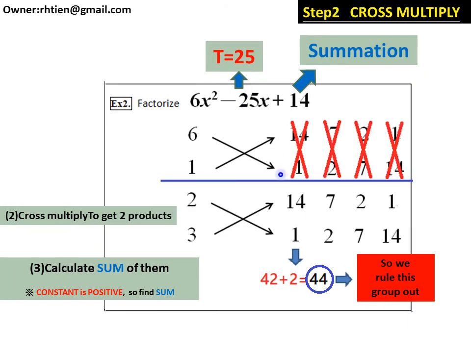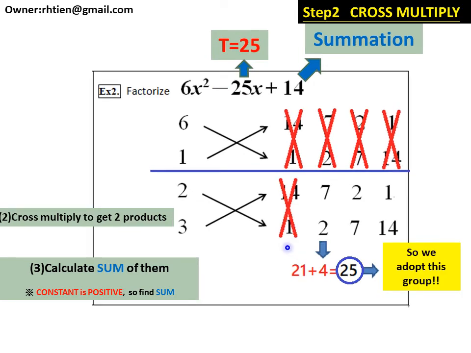For time saving, we rule those groups out, and we come to the second layer's groups. Okay, here we go. 2 times 1, we get 2. 3 times 14, we get 42. And their sum is 44. 44 is not 25. So we rule this group out.